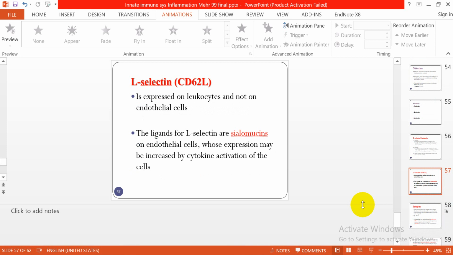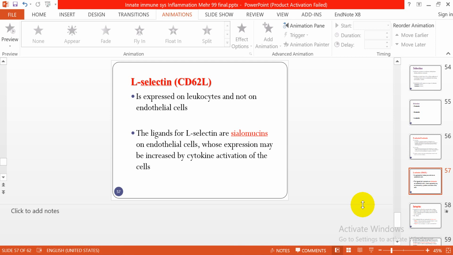Another type of selectin is L-selectin. L-selectins are expressed on the surface of leukocytes, but they are not present on the surface of endothelial cells.